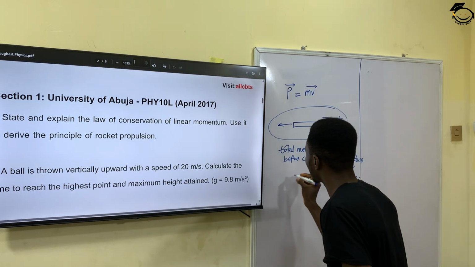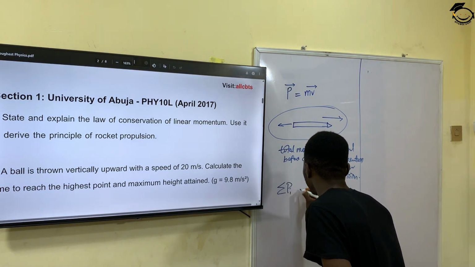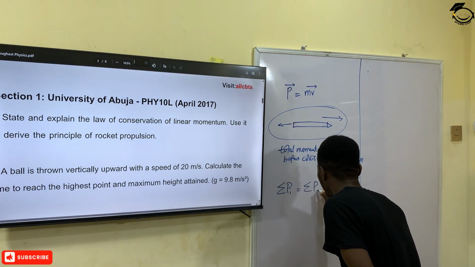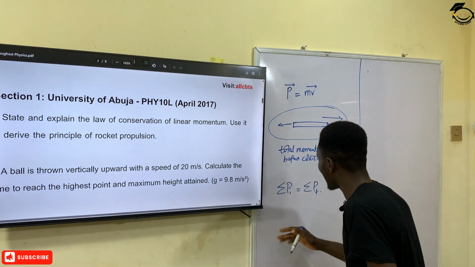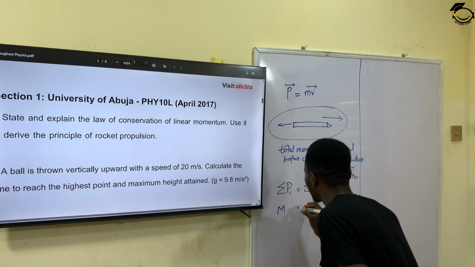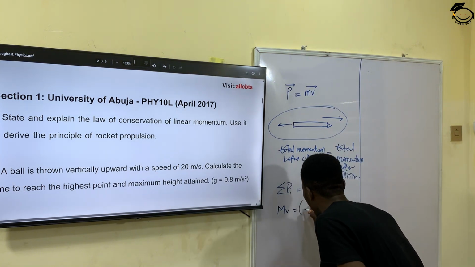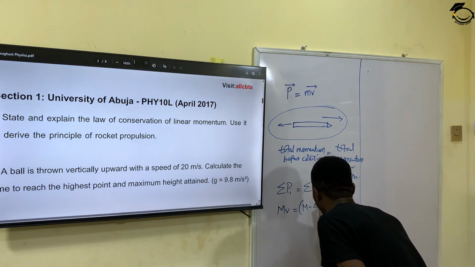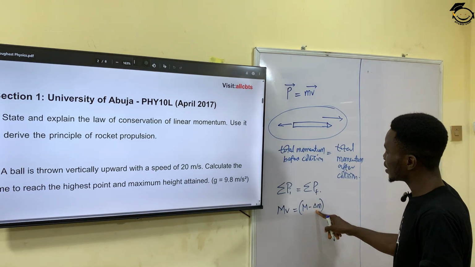This can simply be put as sigma P initial equals sigma P final. So this means that the mass of the jet engine times the velocity of the jet engine is equal to the mass of the jet engine minus the mass of the gas expelled. Change in m here is the mass of the gas expelled.